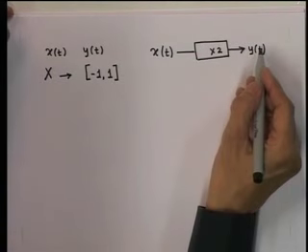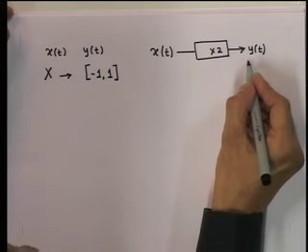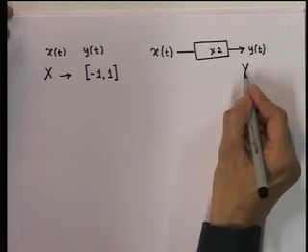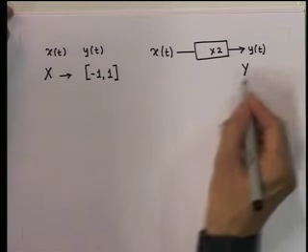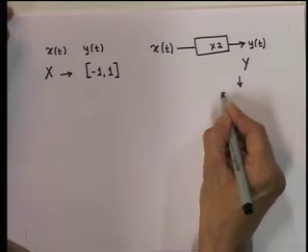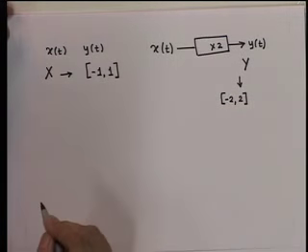Therefore, the output of this process, which is a continuous random variable y, is also uniformly distributed in the range -2 to +2.